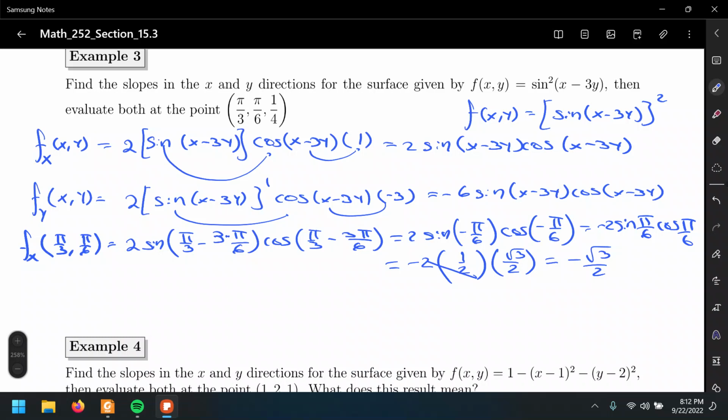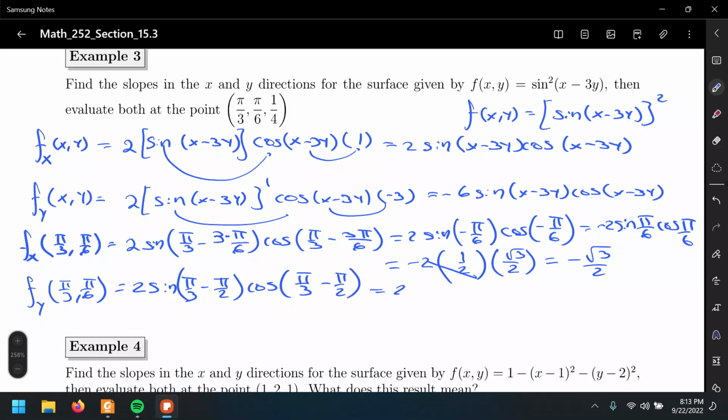Now let's look at the slope f subscript y at pi over 3 comma pi over 6. I'm going to go a little faster here. 2 sine of pi over 3 minus 3 pi over 6, which is also pi over 2, cosine pi over 3 minus pi over 2.